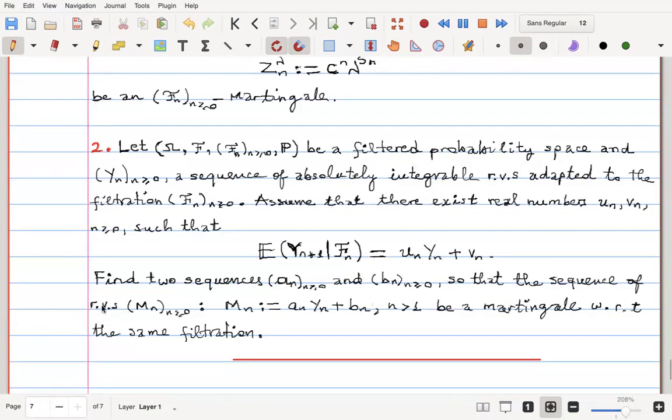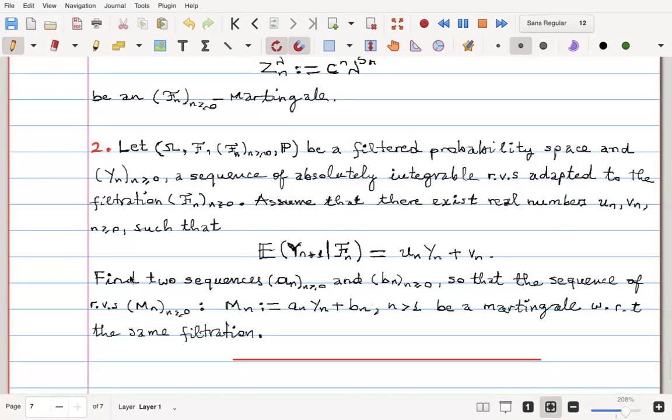So the question is to find two sequences, An and Bn, such that the sequence of random variables capital M sub n, defined to be An times Yn plus Bn, where n is greater than or equal to 1, be a martingale with respect to the same filtration Fn.